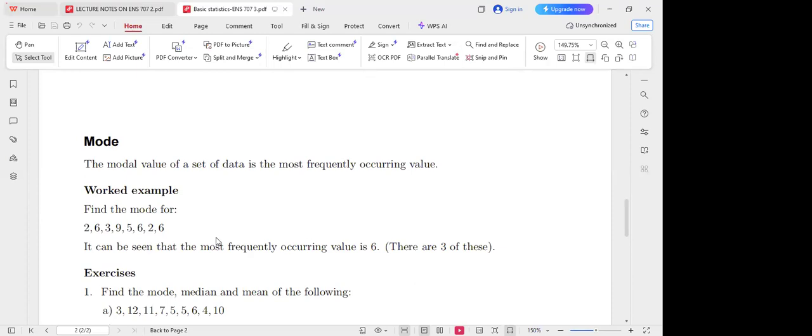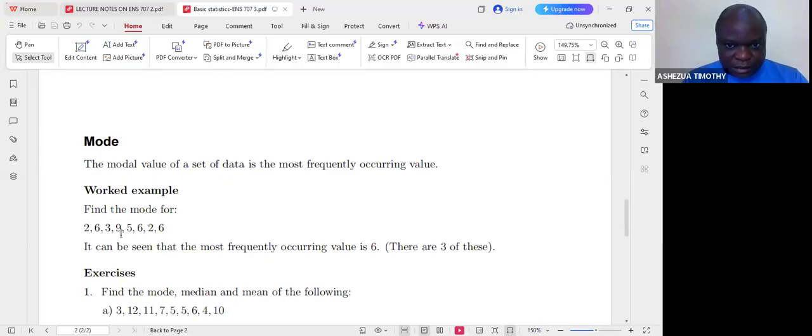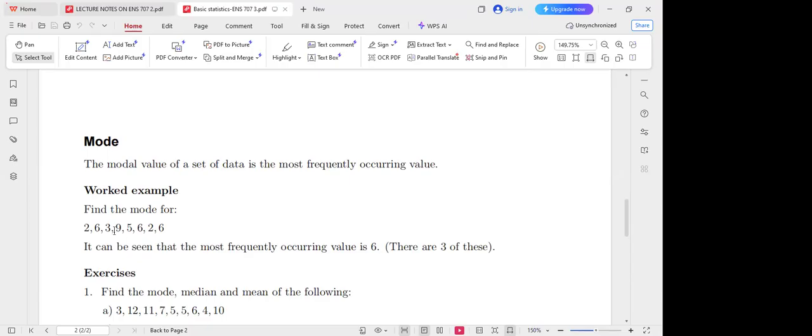Let's say we take out the 9 and replace it by 2. What do we take as the mode now?